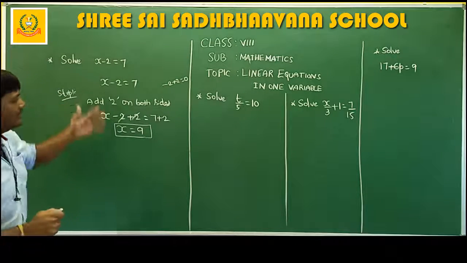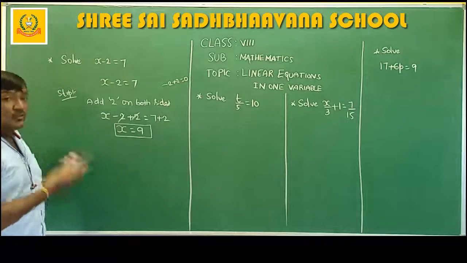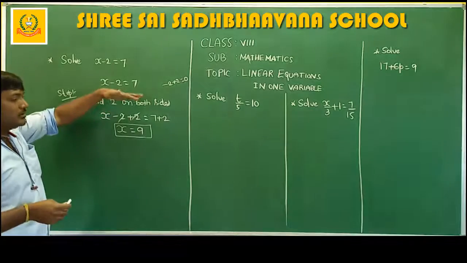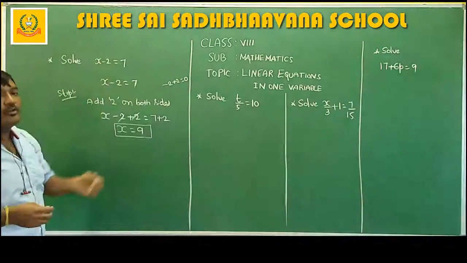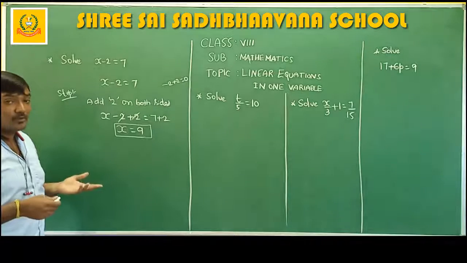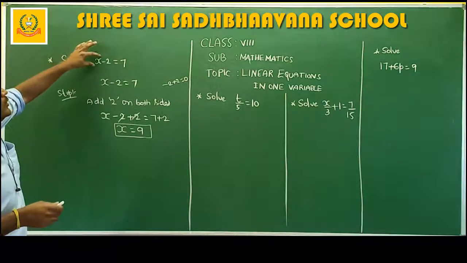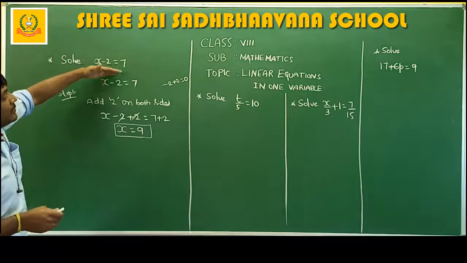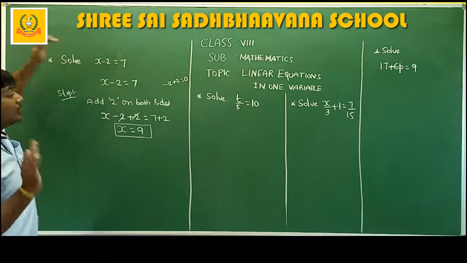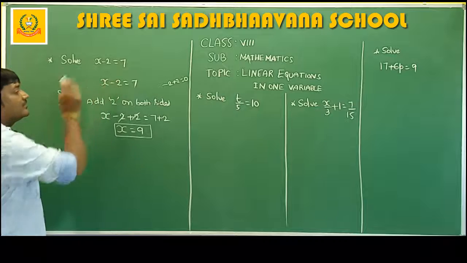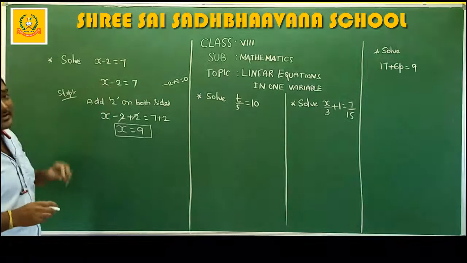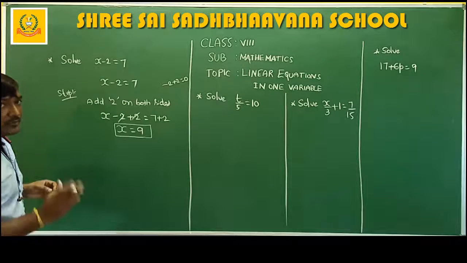Okay, so you can easily understand when you do the sums also. Now I hope you understood this. Once you practice more sums related to this concept, you can understand even better. So x minus 2 is equal to 7 we have taken. Always remember, whatever x is added with or subtracted with, that term first we have to eliminate.